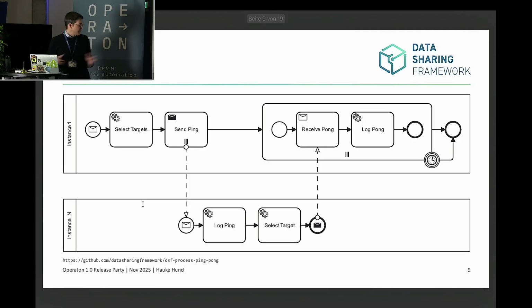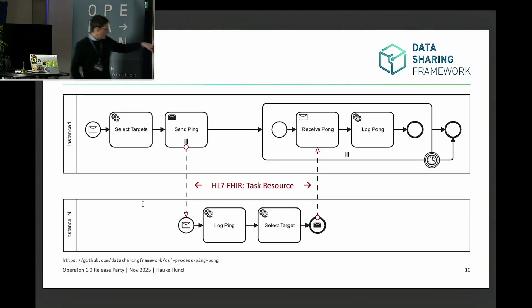Yeah. So here's an example, and finally an audience where I don't have to explain BPMN to. This is a process, or a simplified version of that process, that we execute to test connections between organizations. From a research perspective, this does nothing. It only checks if the network is set up correctly. And the only thing I want to explain here is that for this part, where the process instance in the beginning that starts everything talks to all the other nodes in the network.